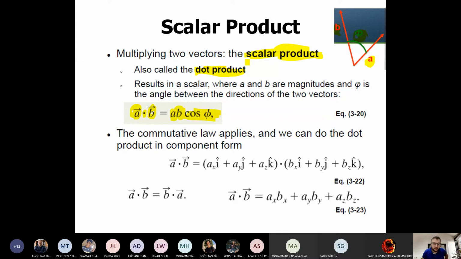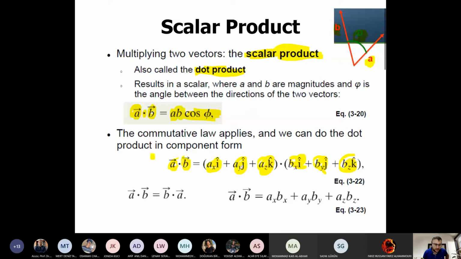The commutative law also applies, and we can do the dot product in component form. So A vector dot product B vector, if A vector has three components, for example ax i hat, ay j hat, and az k hat, dot product bx i hat plus by j hat plus bz k hat. How can you do it?